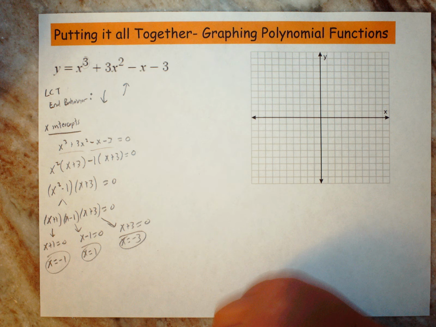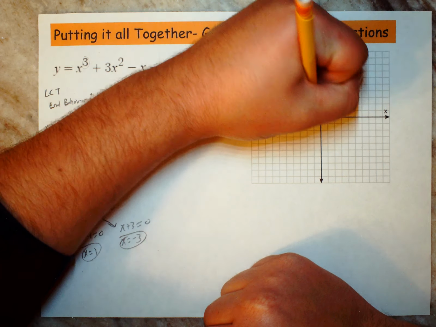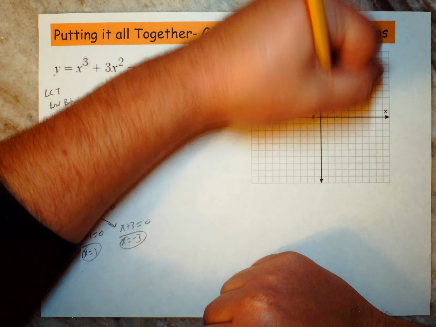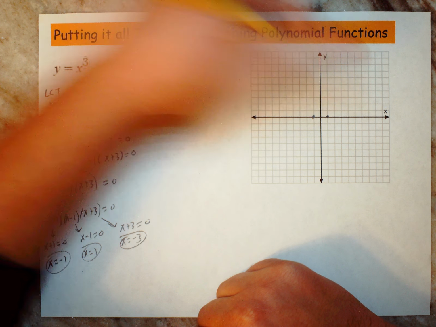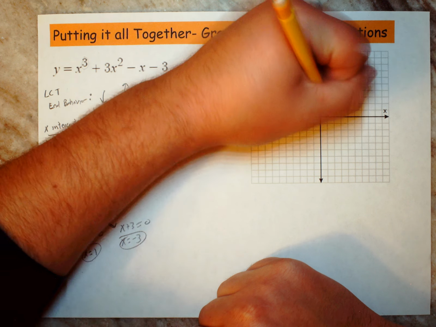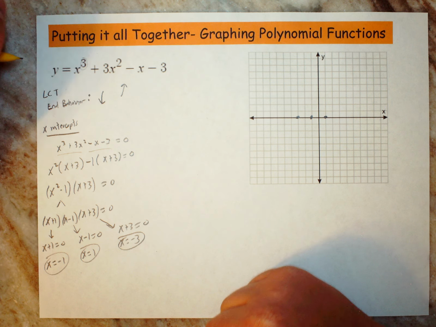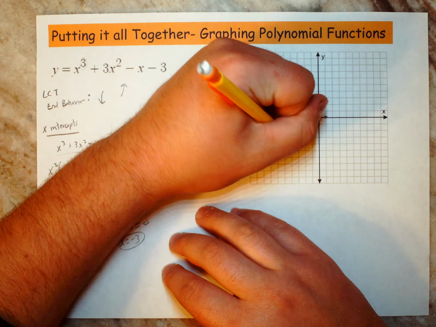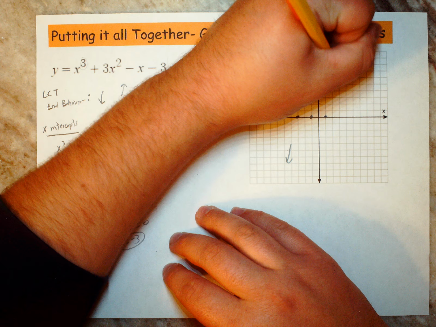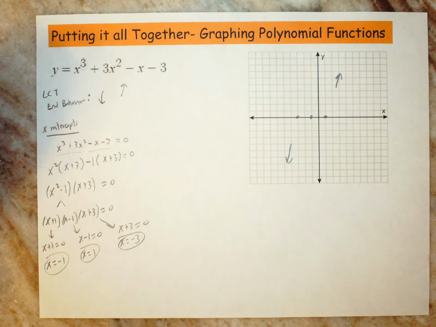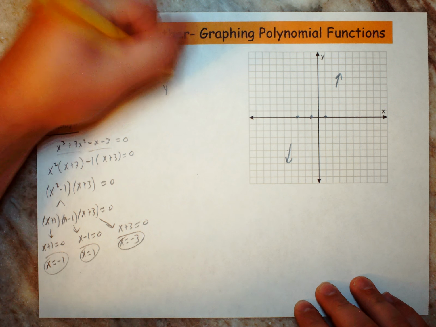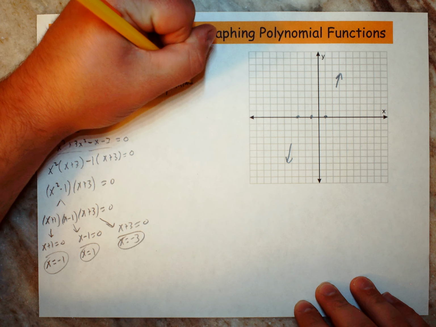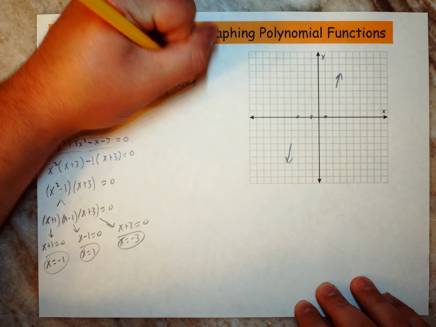So now I'm going to plot them all. So x equals -1, x equals 1, and x equals -3. So those are my zeros. I know based on the end behavior, it's going to end up something like that. Next thing we can do is the y-intercept.